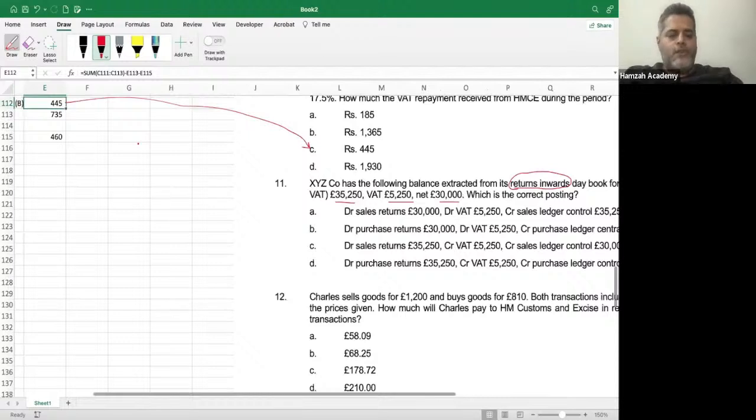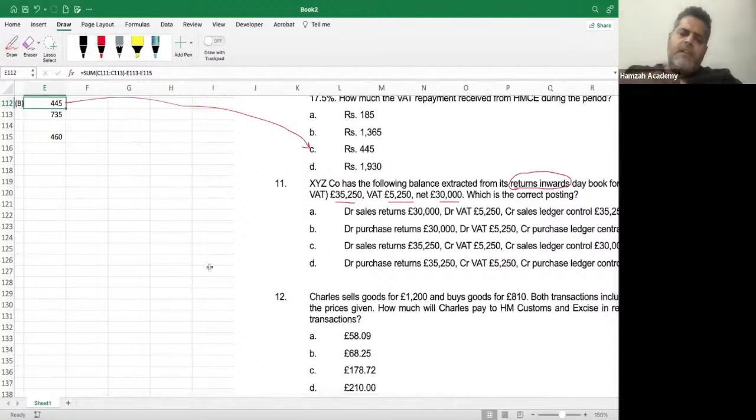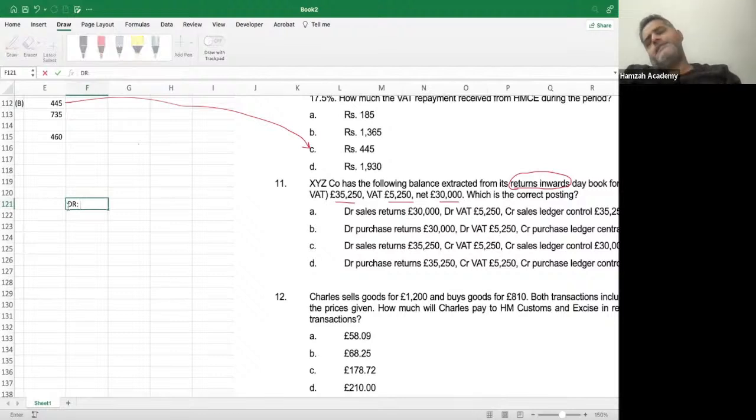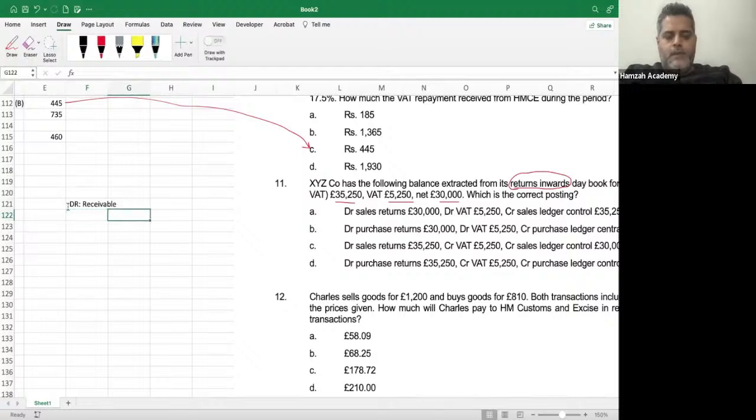Now, you have to record the return inwards, that is the sales return. What is the double entry for that? If you don't get it straight away in your mind, the first thing you have to do is pass the double entry for the sale, and that is debit receivable, credit sales tax.